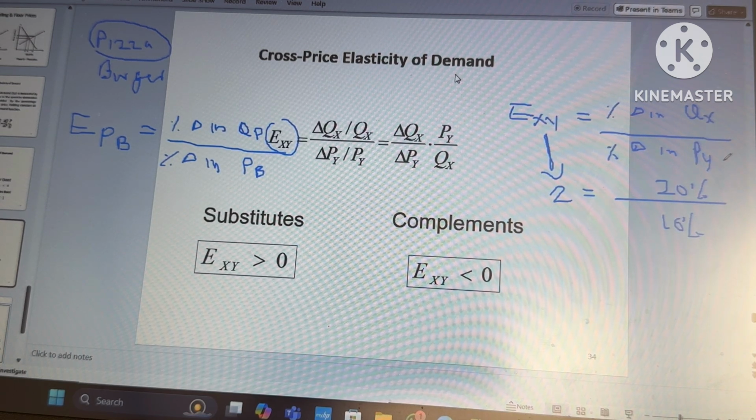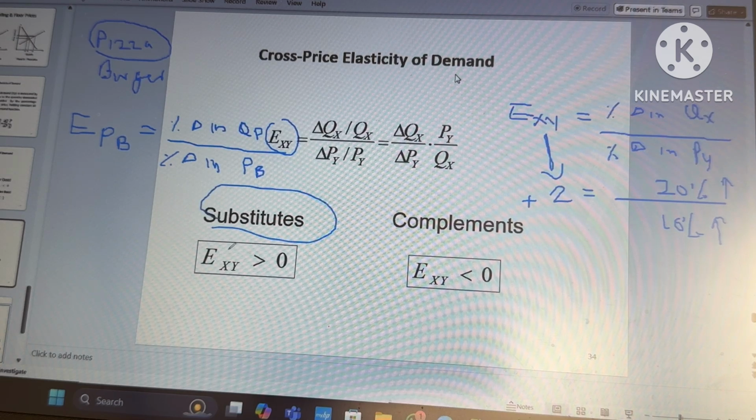If the price of Y increases by 10%, in response, the quantity demanded of X will go up by 20%. So this is plus, which means X and Y are substitutes for each other.